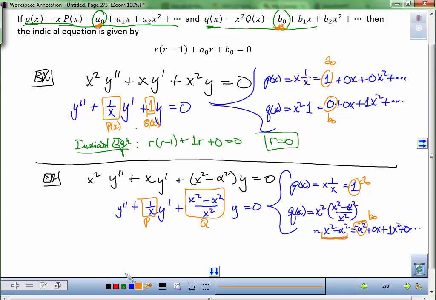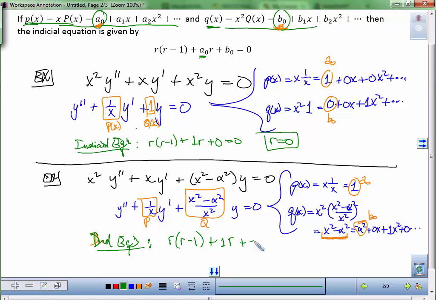All right, so our equation that we're looking for is going to be r minus 1 plus your A naught, that's 1 again, times r plus your B naught.